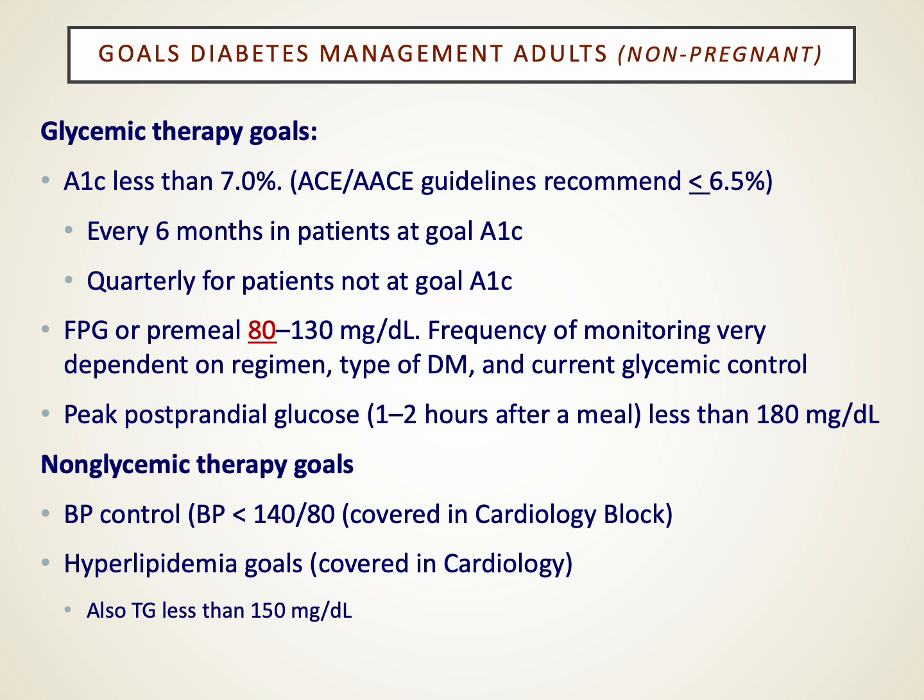You're also going to look at other goals for patients. We'll talk about their blood pressure and lipid goals, and we talk about that also in the cardiovascular medicine block as well.